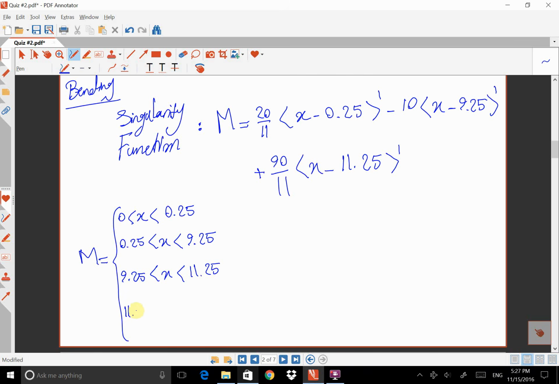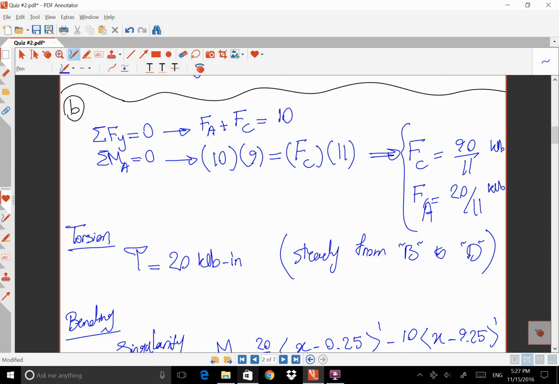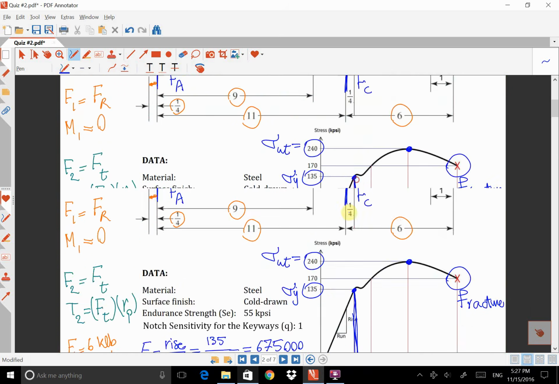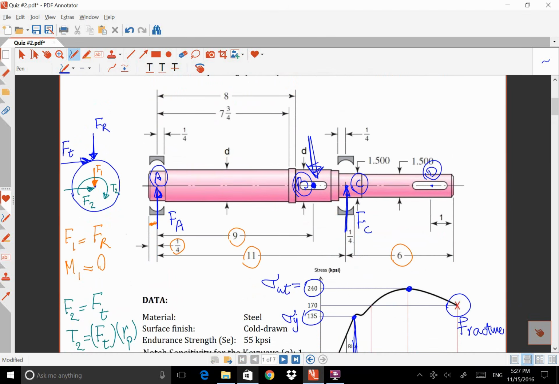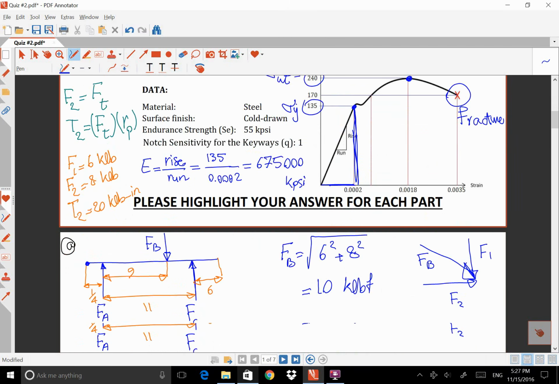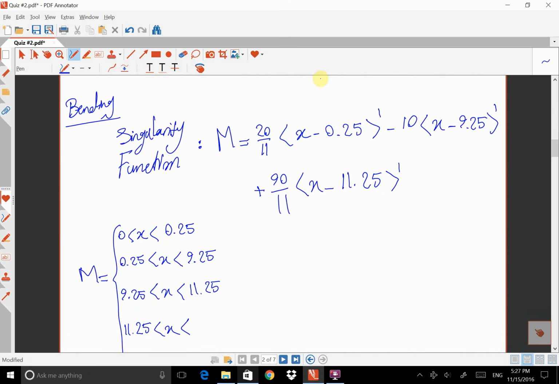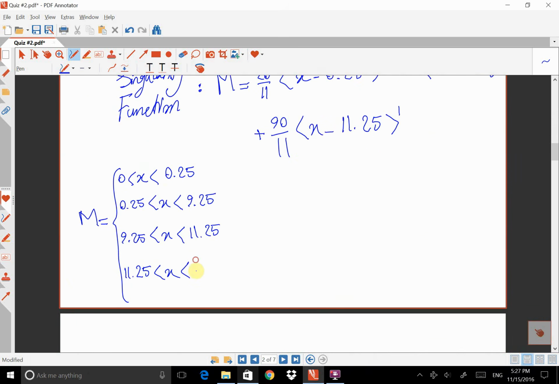When I want to break down a moment into some regions, I'm looking at the inside of the brackets and I break down to those numbers, and the total length of the shaft is 6 plus 11, 17.25. Okay, and for each region I'm going to write the moment equation.